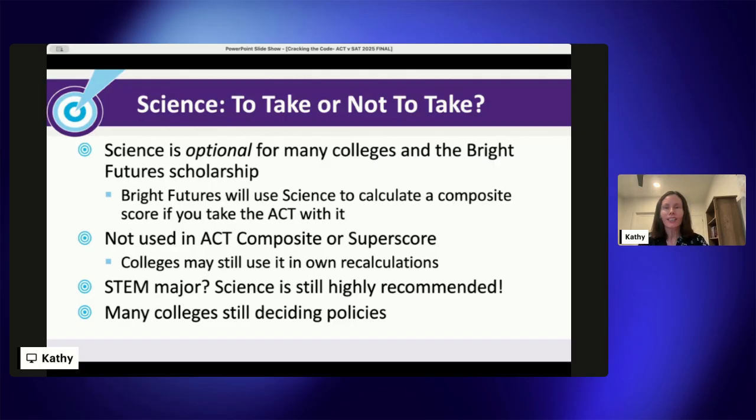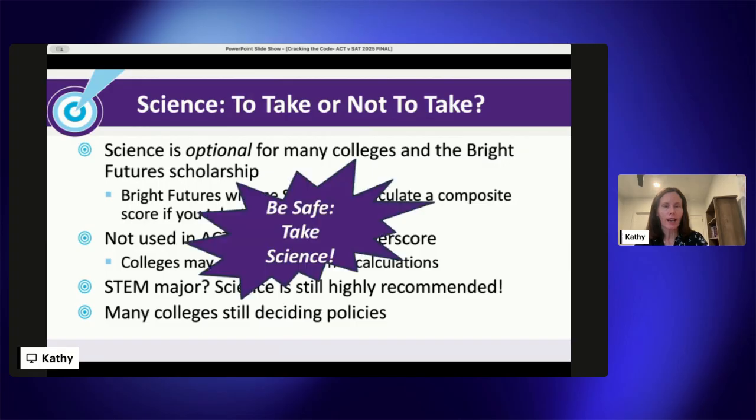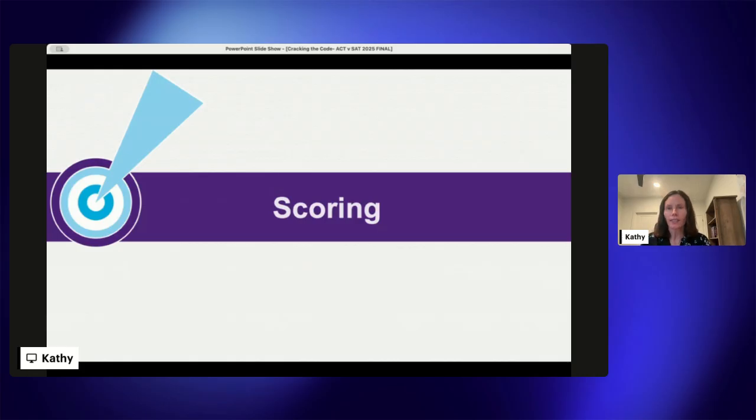So it's a little bit up in the air at the moment. So our recommendation certainly is, if you're registering for an ACT, so this will be true of maybe my seniors who are finishing up their testing this fall, maybe I have some juniors who are looking to take a December, February ACT, be safe and sign up for the science.